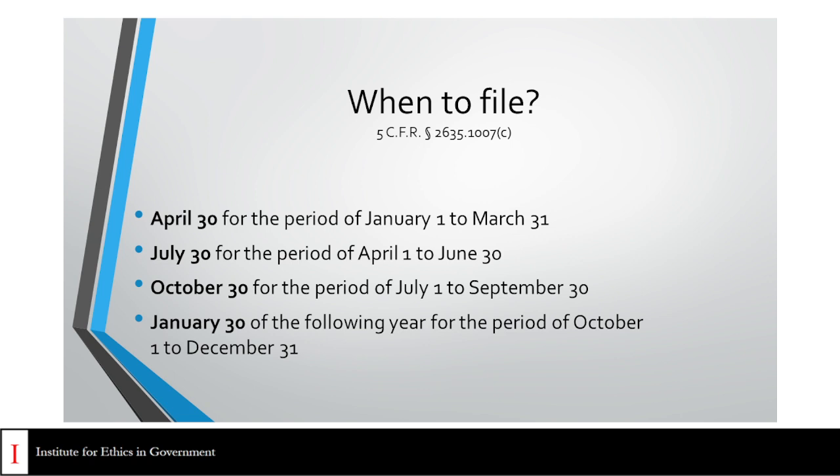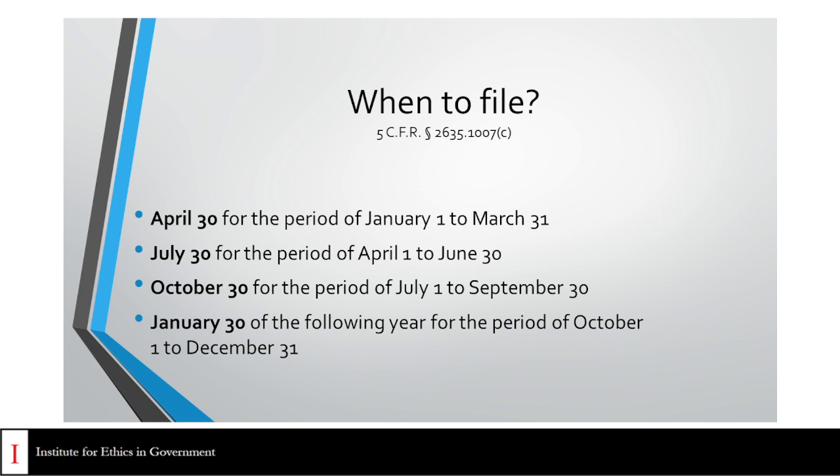When to file. The OGE Form 601 must be completed on a quarterly basis until the trust is terminated or until an employment termination report is filed. Quarterly reports must cover the reporting periods seen on this slide and must comply with these due dates. If the scheduled due date falls on a Saturday, Sunday, or federal holiday, the report will instead be due the next business day.